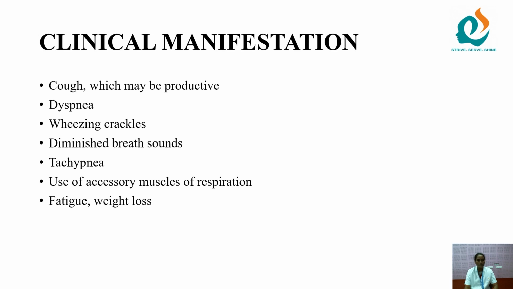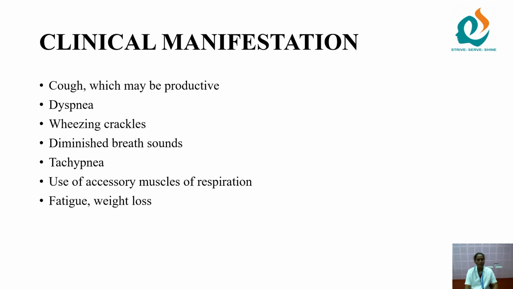Then clinical manifestations, mainly the respiratory signs and symptoms. First one, cough, that's a productive cough, and dyspnea, that's difficulty in breathing. Then wheezing, crackle sounds are heard. Then diminished breath sounds. Then tachypnea, an increased respiratory rate, and use of accessory muscles of respiration.